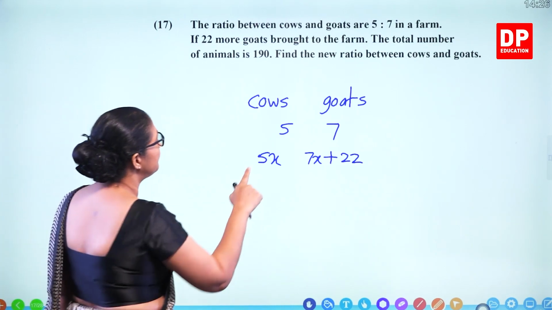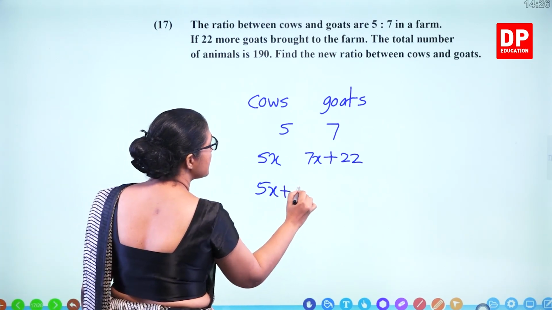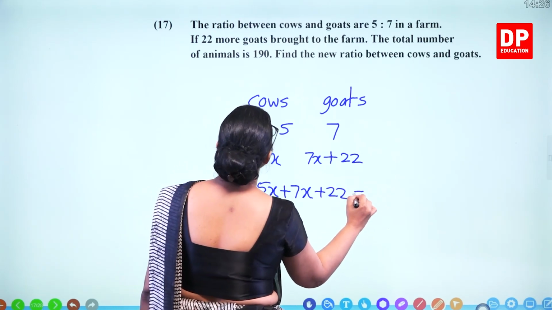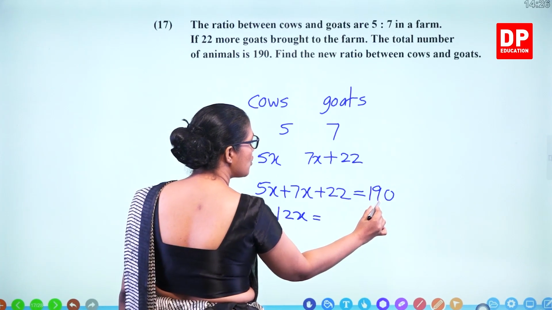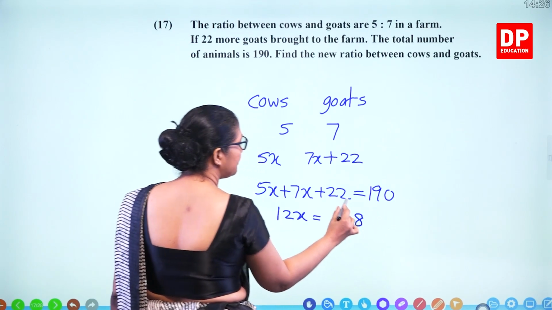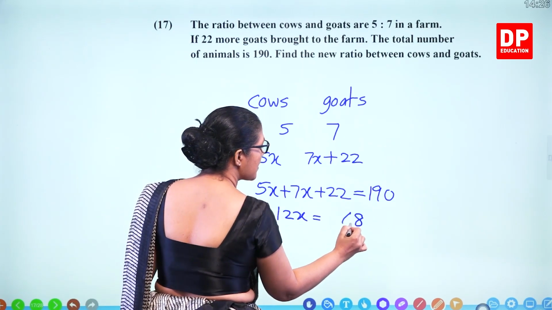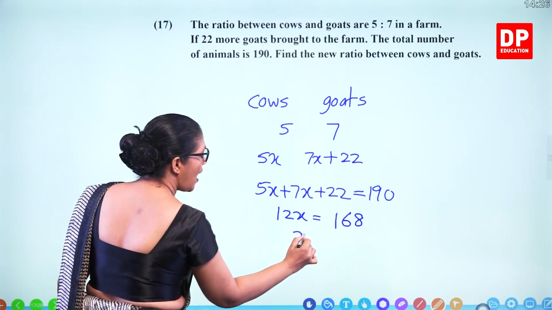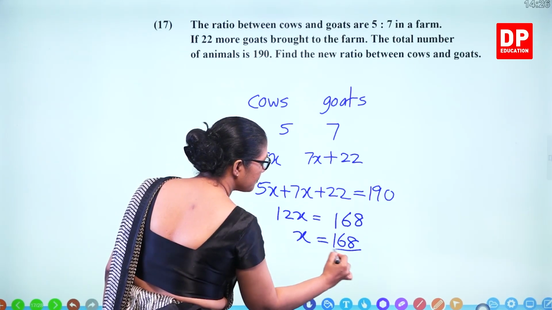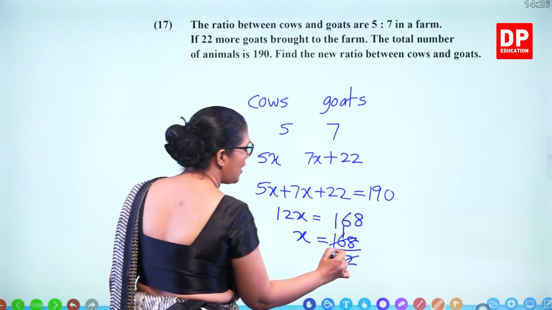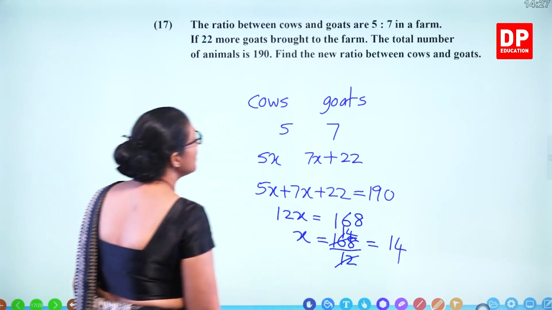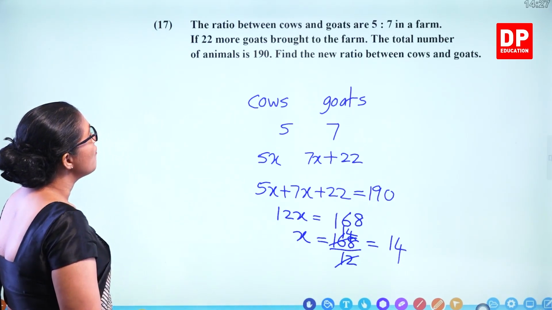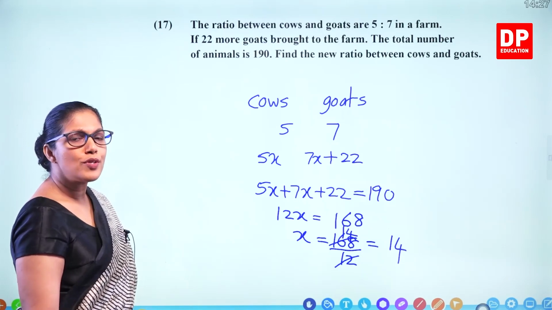So the total: 5x plus 7x plus 22 is equal to 190. 12x is equal to, subtract 22, 168. Divide by 12, that's 14. So 14 is x.